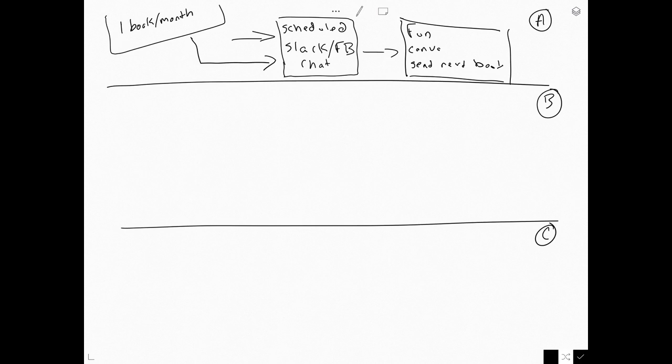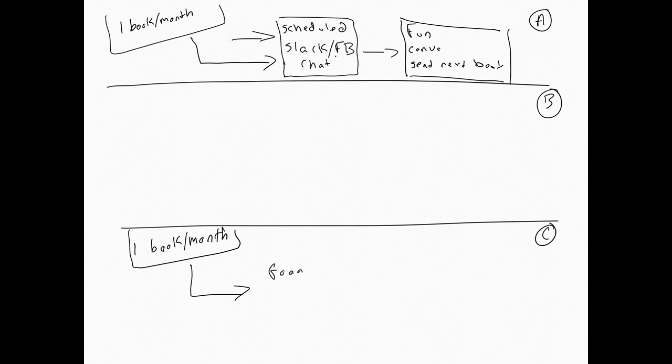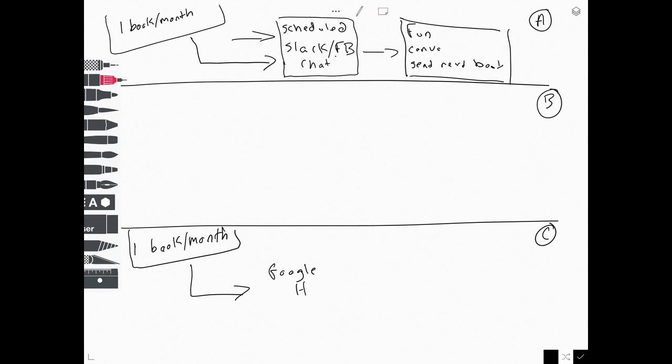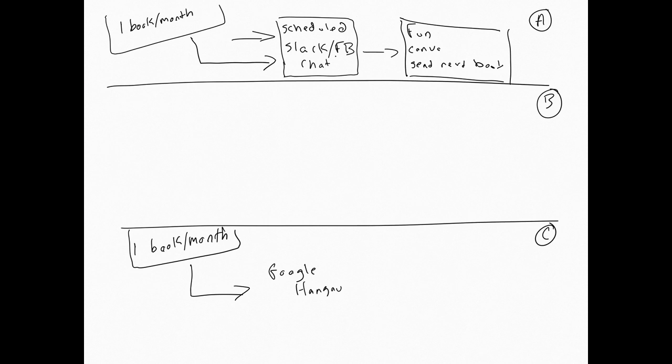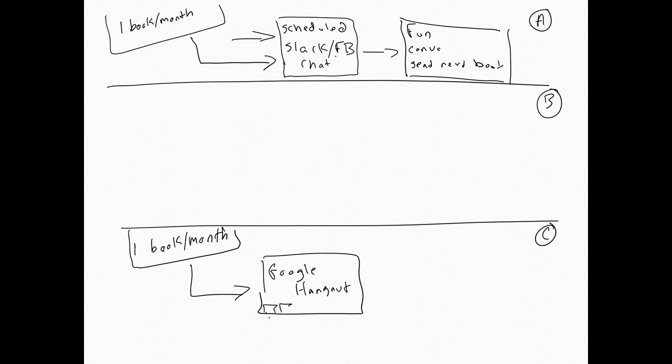One book a month, and then it's just a Google Hangout. Not everybody is going to be able to be on it. But there's a big Google Hangout, maybe 12 people on it, and then the rest of the people can be watching live.